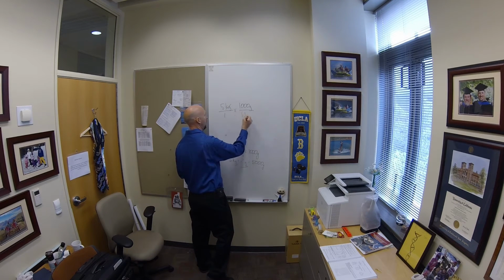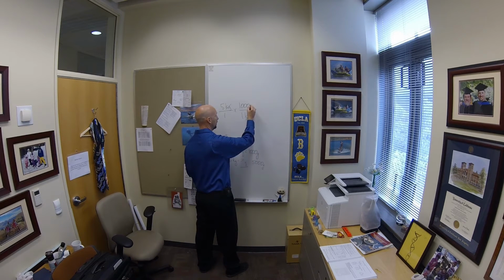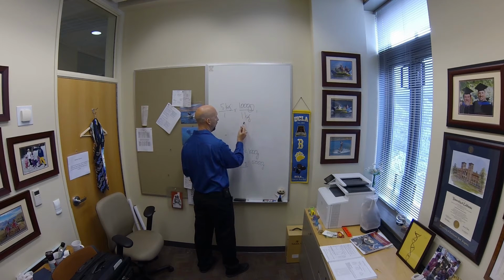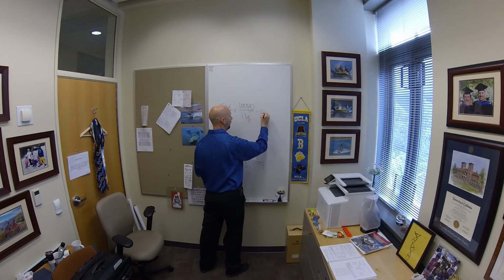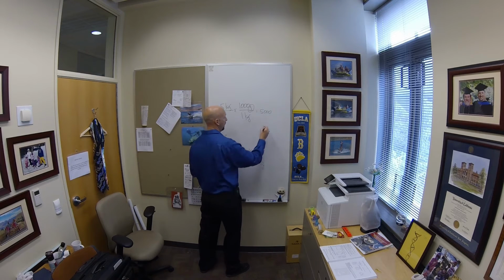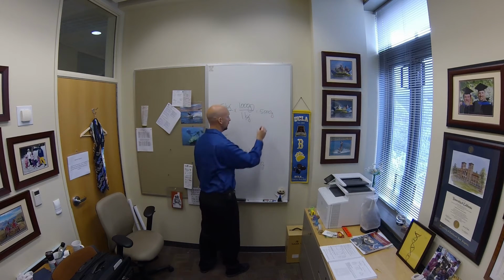Do my kilograms cancel? Yes. Am I left with grams? Yes. So now all I got to do is the math. 5 times 1,000 divided by 1 equals 5,000. That is not the correct answer. 5,000 grams is the correct answer.